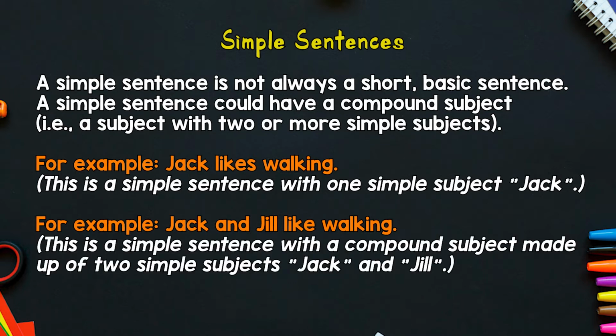So Jack and Jill make up the subject of the sentence. This is a compound subject because the sentence is now based on two persons instead of one. So this is a simple sentence with a compound subject. It's made up of Jack and Jill.